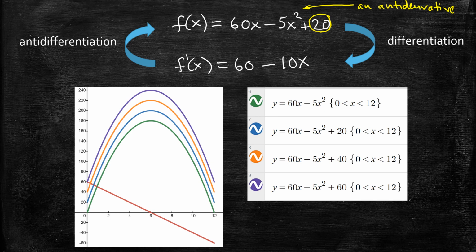In this case, we just pretended that was plus 0, 20, 40, 60. And what we call this is a family of antiderivatives. So they all get associated with that derivative function, but you obviously need a little more information to be able to lock into the particular antiderivative.